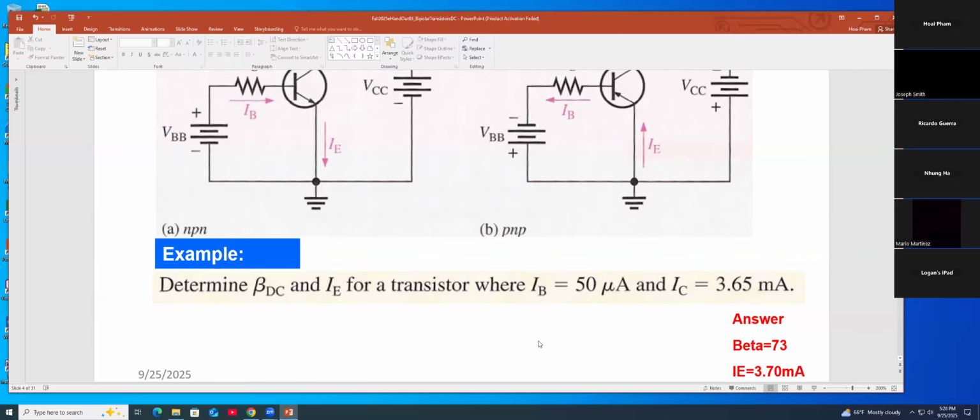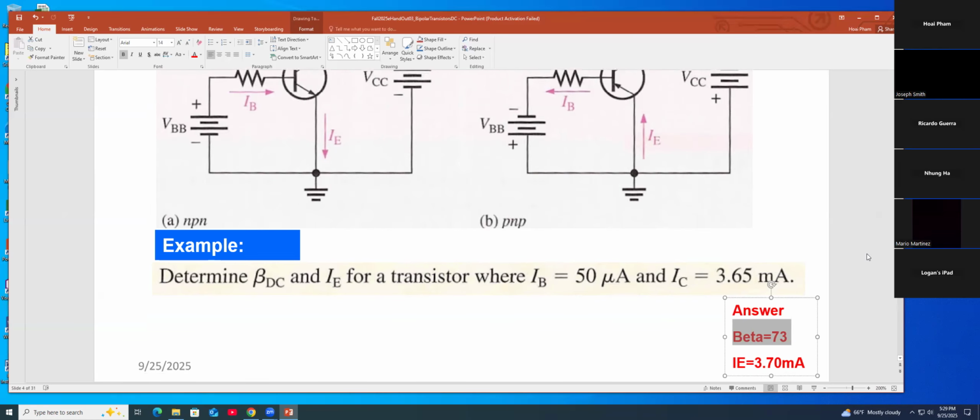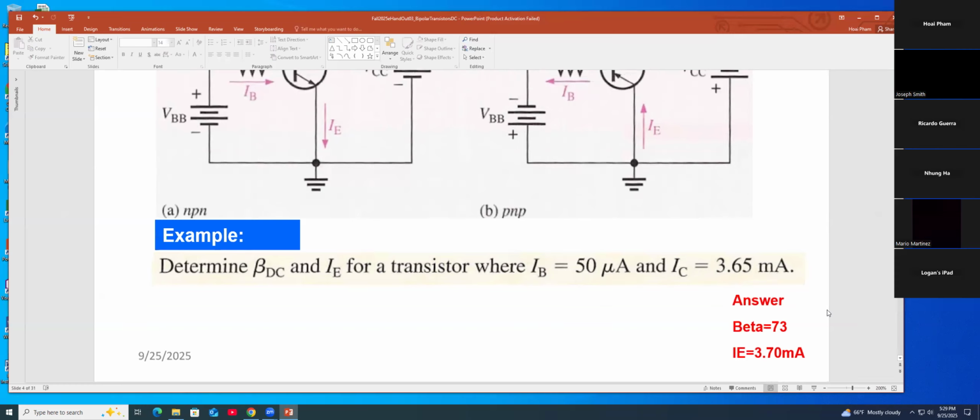So that's how you can get beta. And after you get beta, IC is already given, you can get IE.